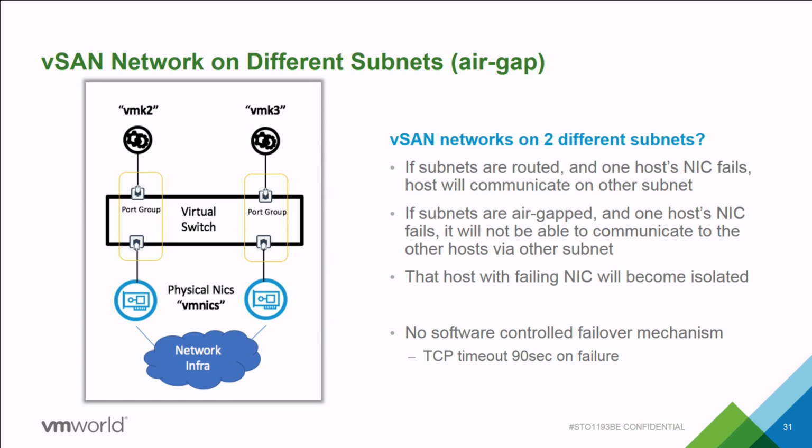If you don't have routing capability on your separate data channels, then you end up in a scenario where, if one side fails, you could hit the TCP timeout window of 120 seconds. Think about your cluster hanging for 120 seconds for a particular host. This is very important because 120 seconds is quite a long time.